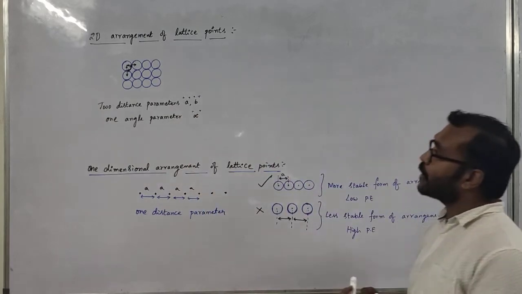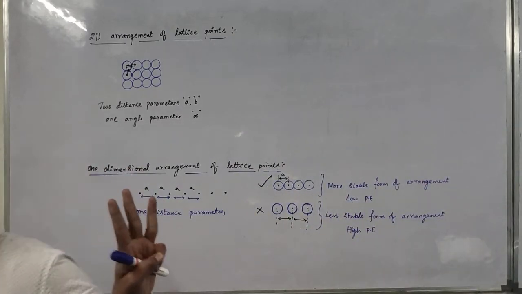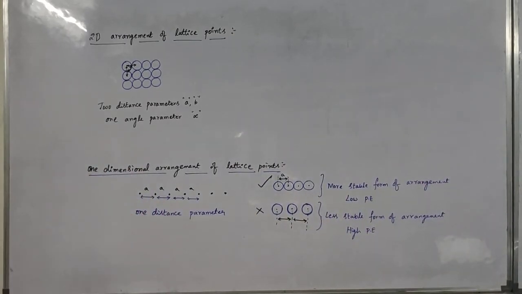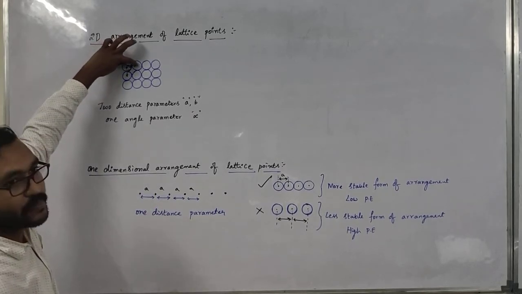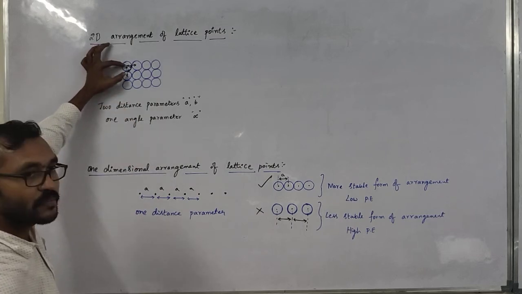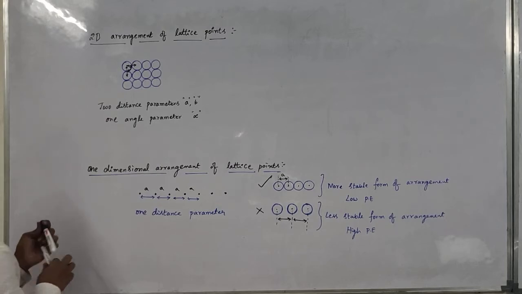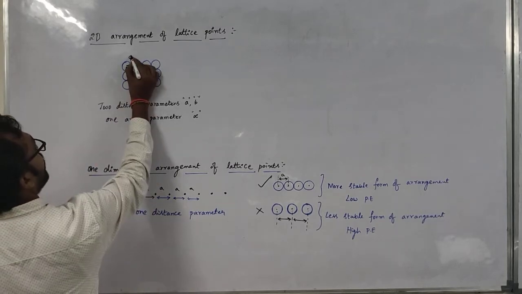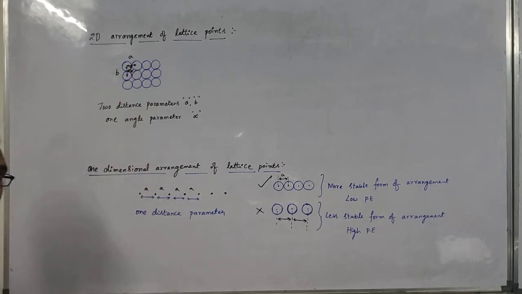Totally 3 parameters are required to express a two-dimensional arrangement. I may increase the distance between these two by providing some gap, or increase the distance between these two. Let me assume this as distance parameter A, parameter B, and angle parameter alpha.